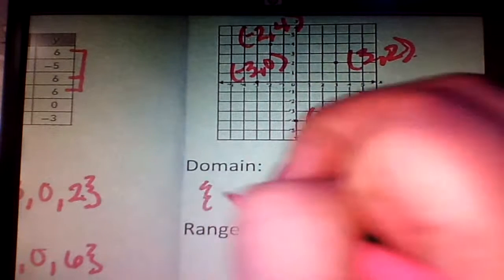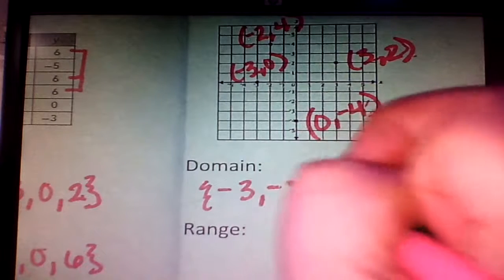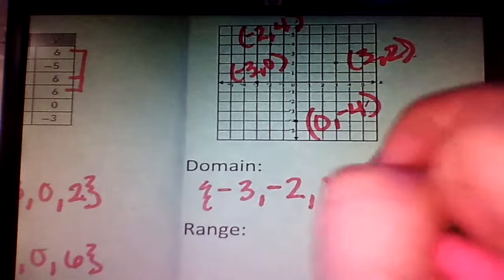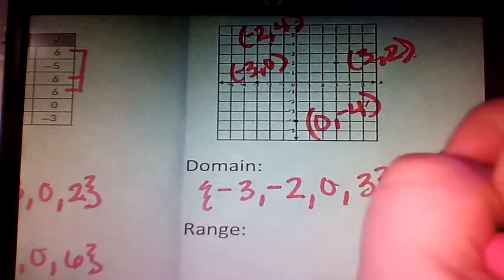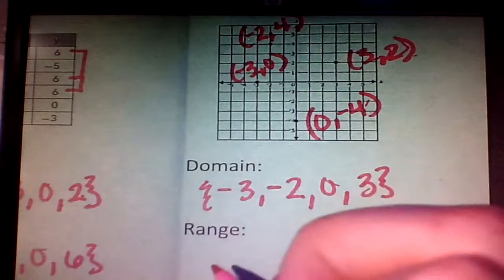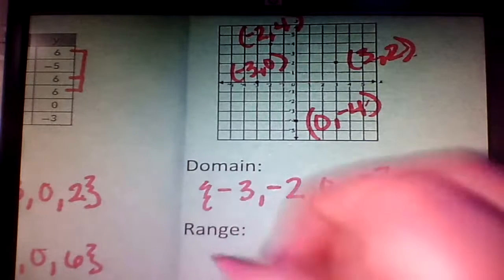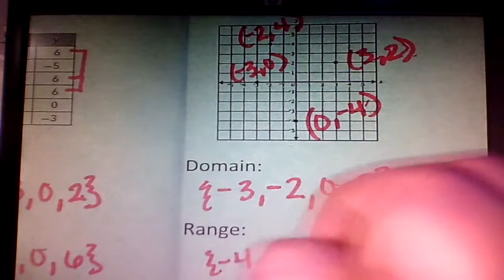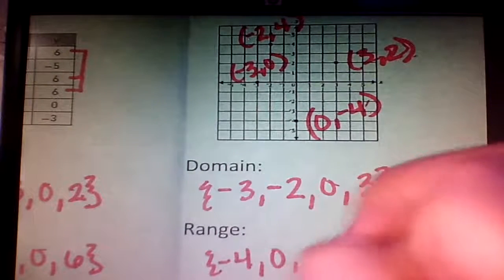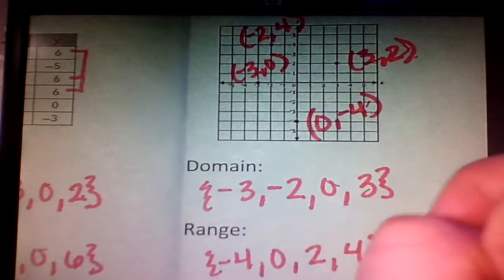So that makes your domain -3, -2, 0, and 3. And your range -4, 0, 2, and 4.